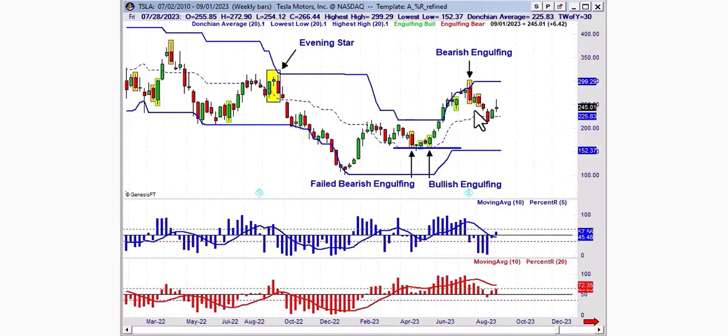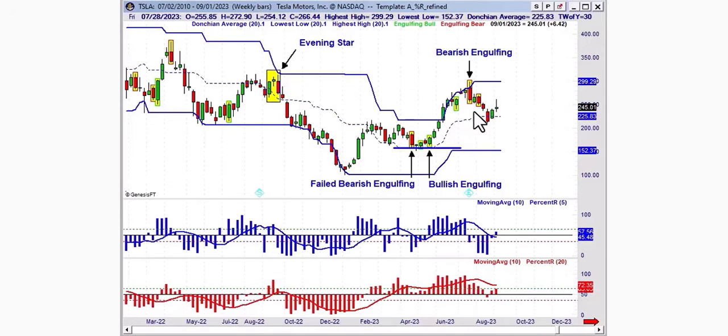If the trend is up, now just slow down here and listen to what I'm saying. When the trend is up and I see a bearish reversal pattern, that is not a selling opportunity. What that is, is a risk management opportunity.